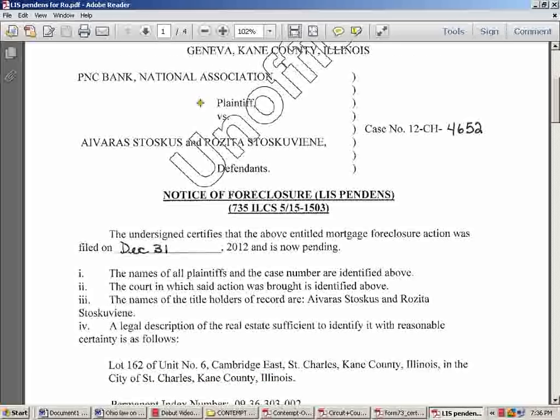Doesn't exist. The only thing I can think of that we haven't really looked at is to see if they have a DBA, a doing business as, within the county. But they don't have one. This is supposed to be a chartered bank, and a bank should have a certificate of good standing. If they don't, it's a fictitious plaintiff, and so boom, you could get them for contempt of court.